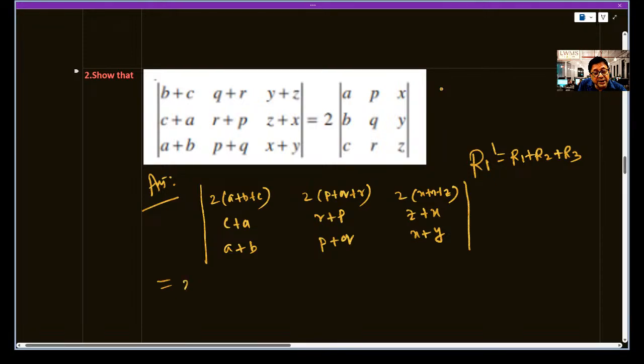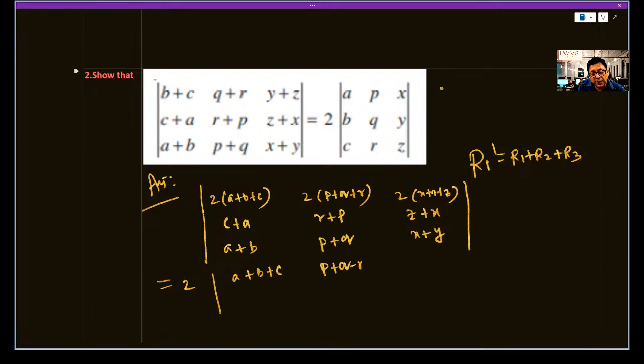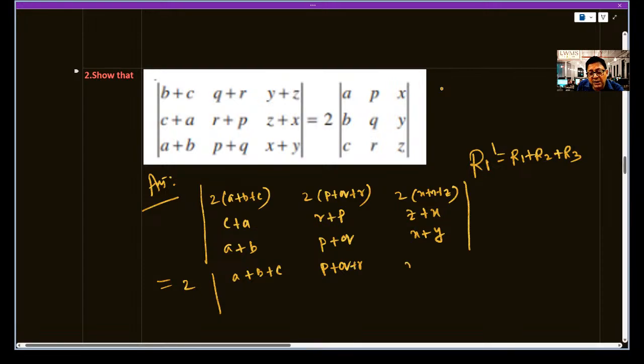Now what will you do? You take these two outside. It is a plus b plus c, p plus q plus r, and then c plus a, r plus p, p plus q, x plus y.